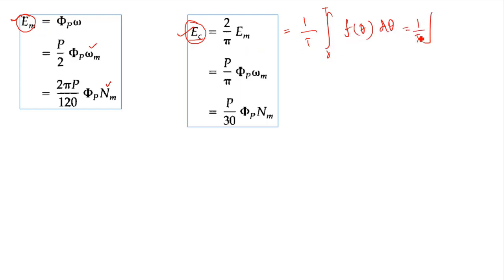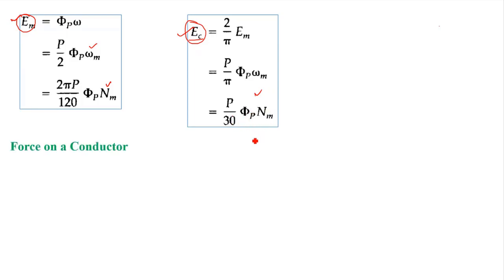Because it is symmetrical, I can write 1 by π, 0 to π, and the function is a sine function, Em sin ωt or sin θ dθ, right? Just by taking the integration, it will become 2 by π Em. If we substitute the value of Em, it will become P φp ωm by π. And if I substitute the expression of ωm in terms of Nm, it will become P by 30, φp π Nm, right? Okay.